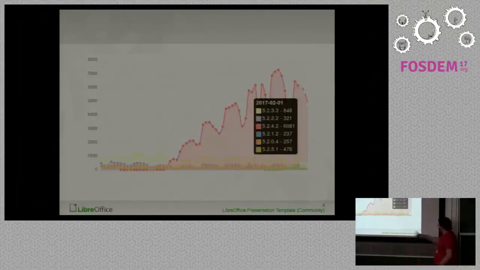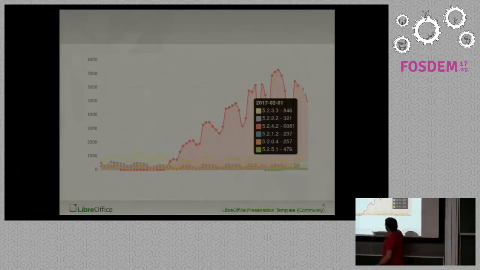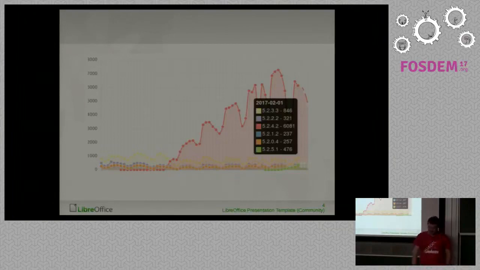So how does it look? That's a chart from the Crash Reporter website, and it lists the number of crashes per day. You can see here that's 5.2.4, and we managed to squeeze in two nasty issues that we managed to fix for 5.2.5, where we had some shutdown crashes if there was an object in the clipboard.